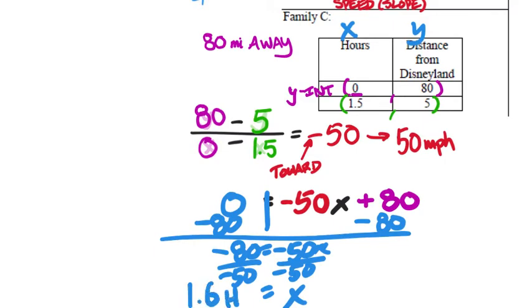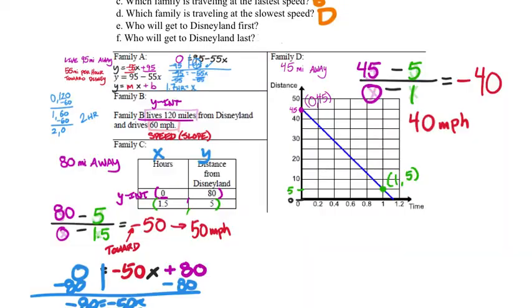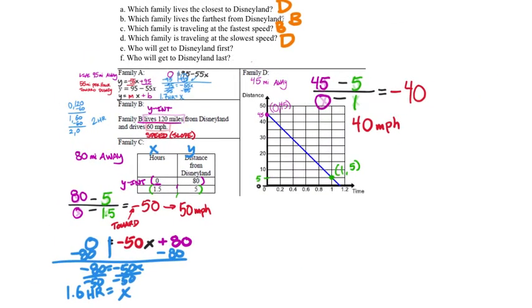So family C here, they're going to take 1.6 hours to get to Disneyland. So even right now, family B is still going to take them the longest. They're at 2 hours. Family A, 1.7. Family C right now, between these three, is going to get there the soonest.